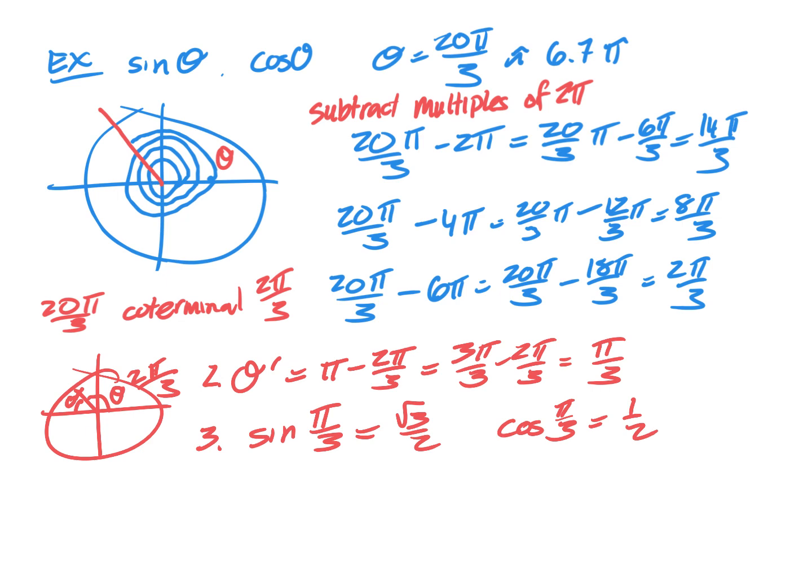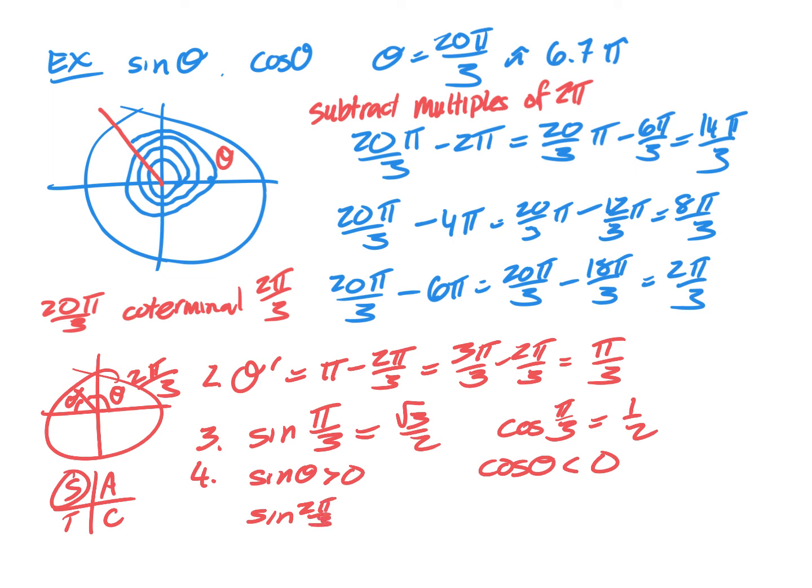Now for step 4, we look at our quadrant, right? All students take calculus. In quadrant 2, sine is positive and cosine and tangent, the other ones, are negative. So if sine is positive, we get that sine of our angle, 2 pi over 3, is positive square root of 3 over 2.